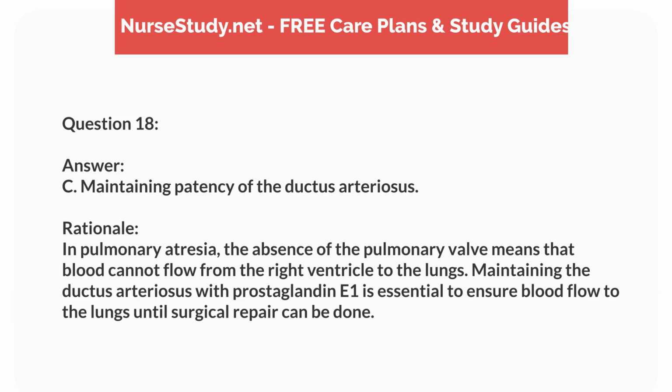Answer: C. Maintaining patency of the ductus arteriosus. Rationale: in pulmonary atresia, the absence of the pulmonary valve means that blood cannot flow from the right ventricle to the lungs. Maintaining the ductus arteriosus with prostaglandin E1 is essential to ensure blood flow to the lungs until surgical repair can be done.